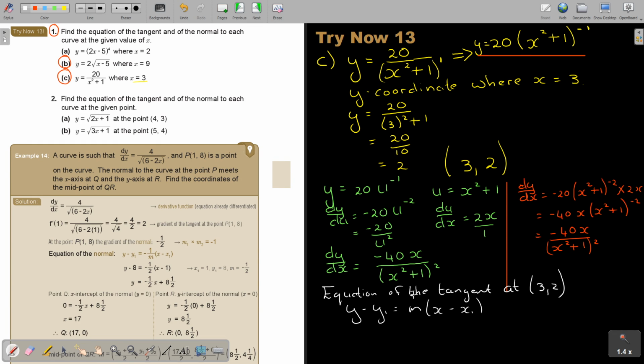Okay, so in this case, this is x1, this is y1. So if I'm looking at this one, it's y minus 2 equals, oh, I already want to write it down and I didn't find the gradient.